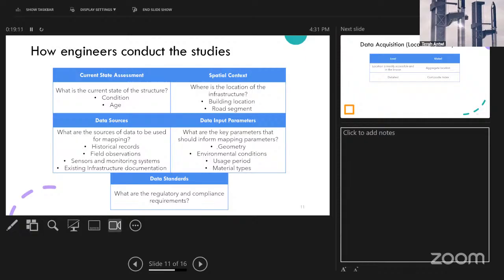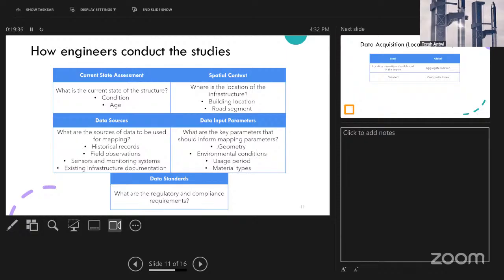The spatial context also matters. You would want to know where the data you are picking is coming from. So that will also require the location of a building, if it's a building you are mapping. If it's a road, then the location of the road segment is also important.